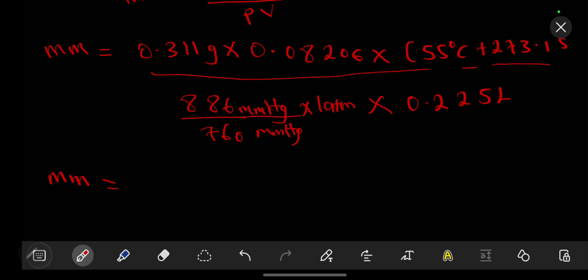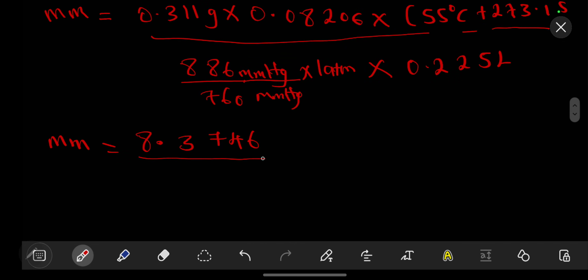0.08206 times 55 degrees plus 273, we are going to get 8.33746. Then we divide this by the outcome. So if I divide 886 divided by 760 times 0.225, I get 0.2623.